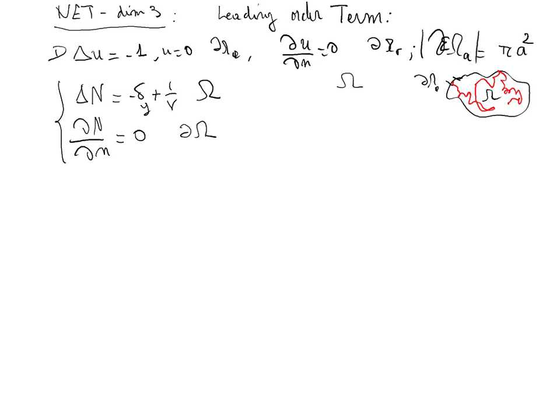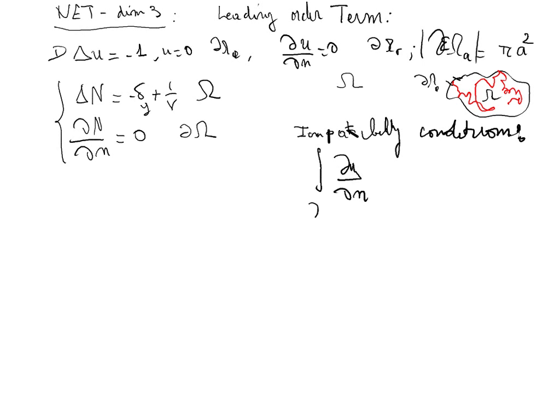Note that to solve this, we will need what is called the flux compatibility condition, which states that the integral of du dn over the absorbing window is equal to minus the volume of omega divided by the diffusion coefficient.